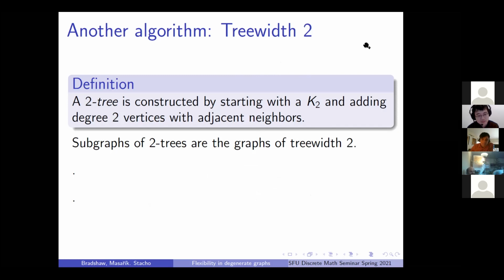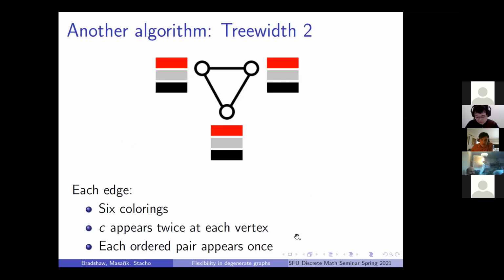Okay, but what we were able to show for graphs of tree width 2, that is for 2 trees, is this: consider a graph of tree width 2 that contains a triangle, and assume that all of the lists at each vertex have the same set of colors, that is, you just go back to the normal graph coloring problem.